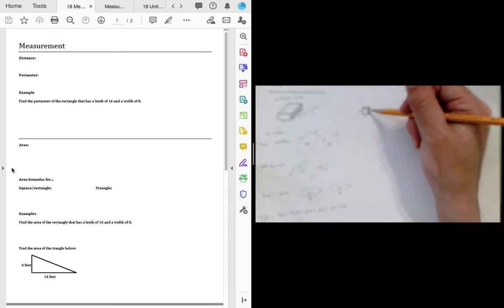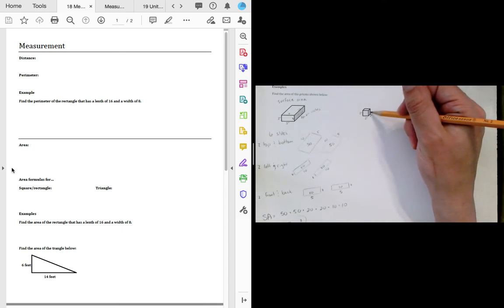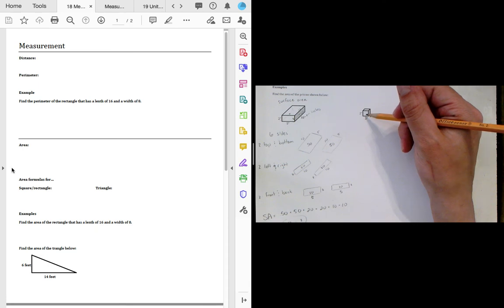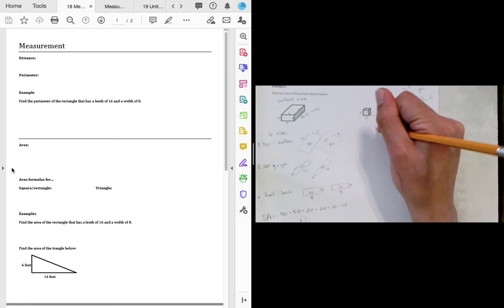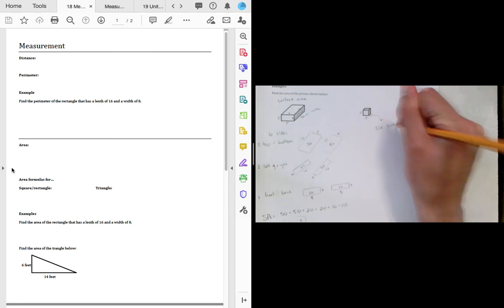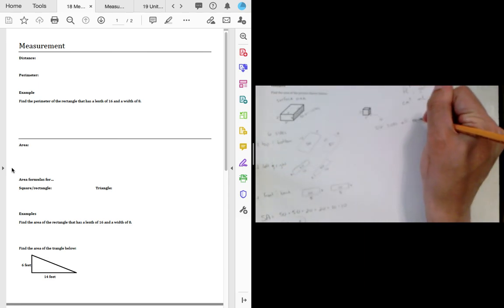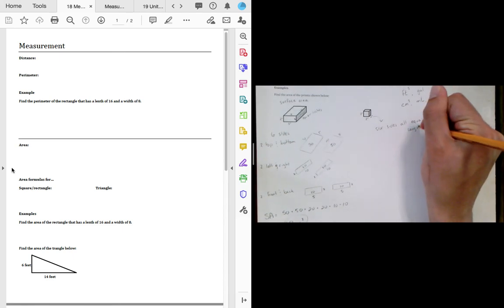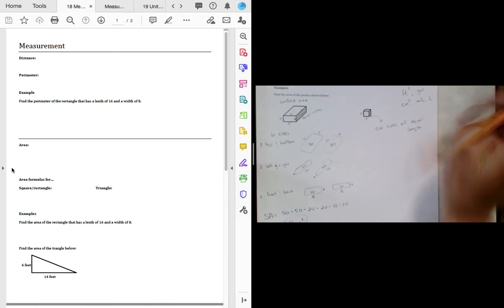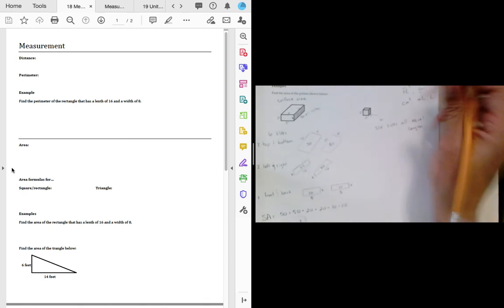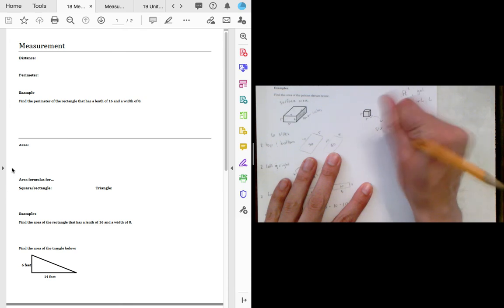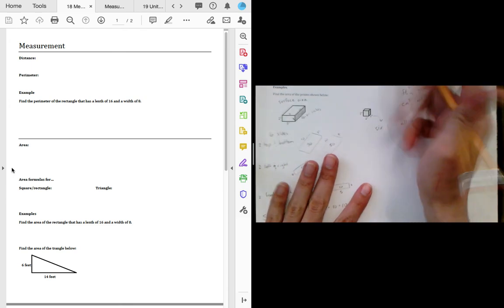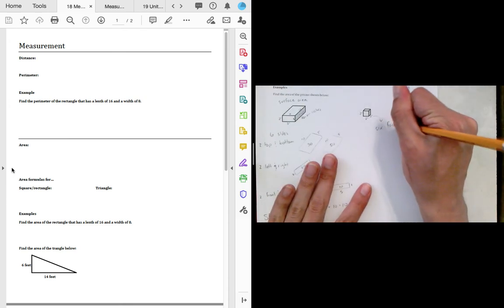On your own, I ask you to try this one. This one is a little bit nicer because the surface area has 6 sides that are all the same length. Well, I should actually say it has 6 faces. It's more than that, many sides. 6 faces of equal area.